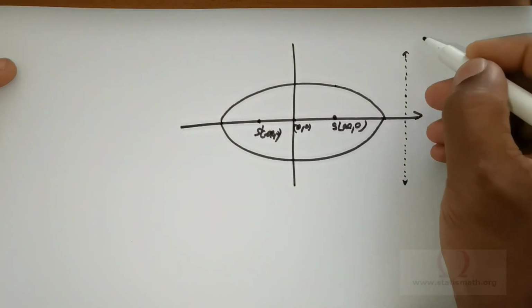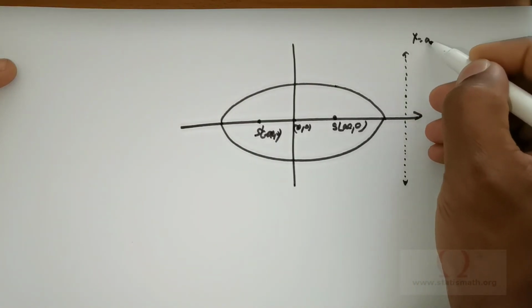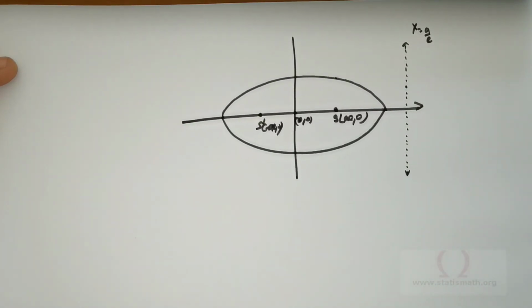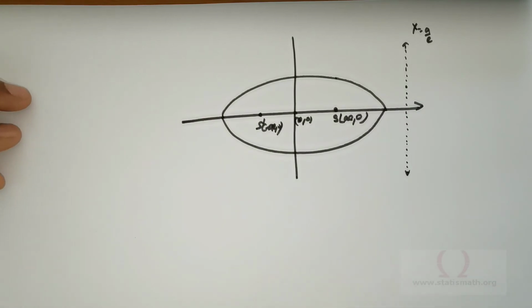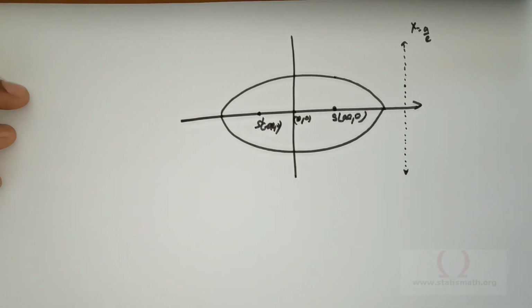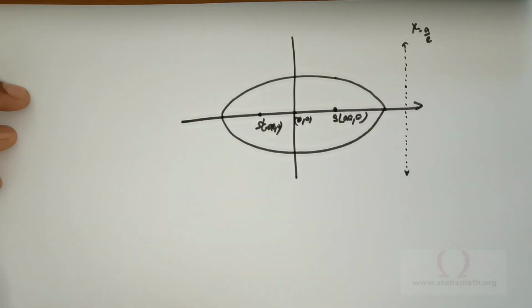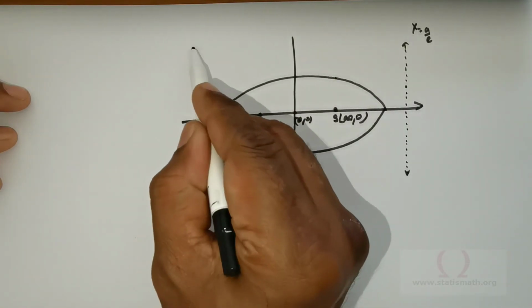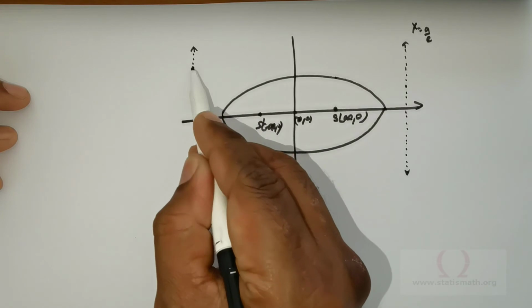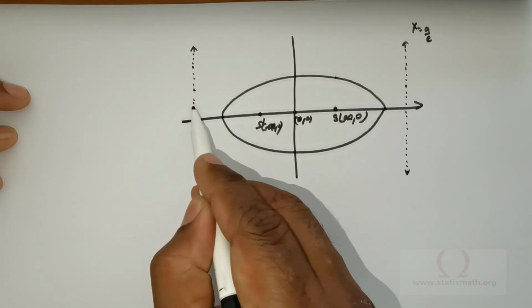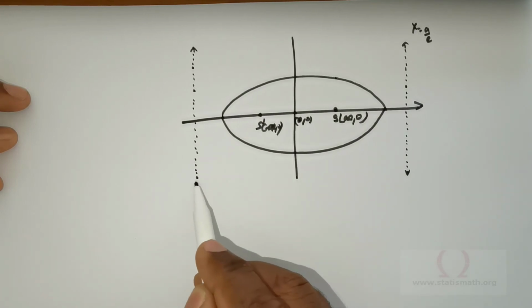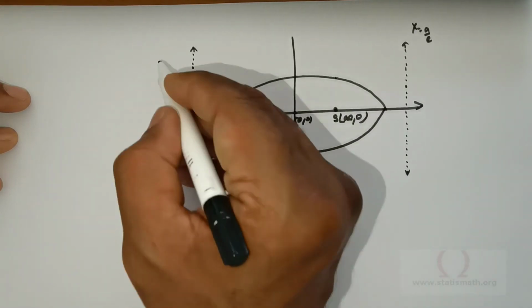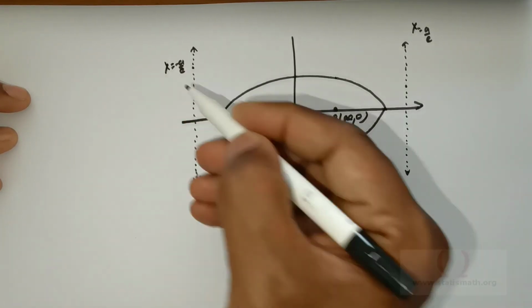So this is the directrix, x is equal to a over e, and we will also draw the directrix on the other side, just to keep up with symmetry. So this is going to be x is equal to negative a over e.